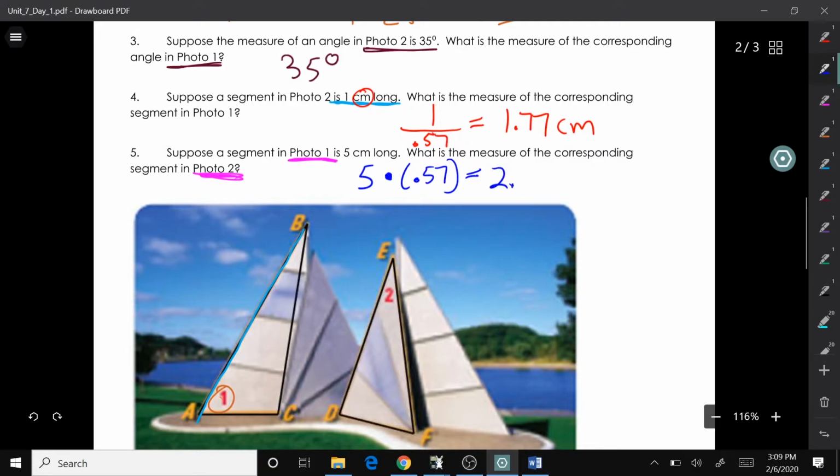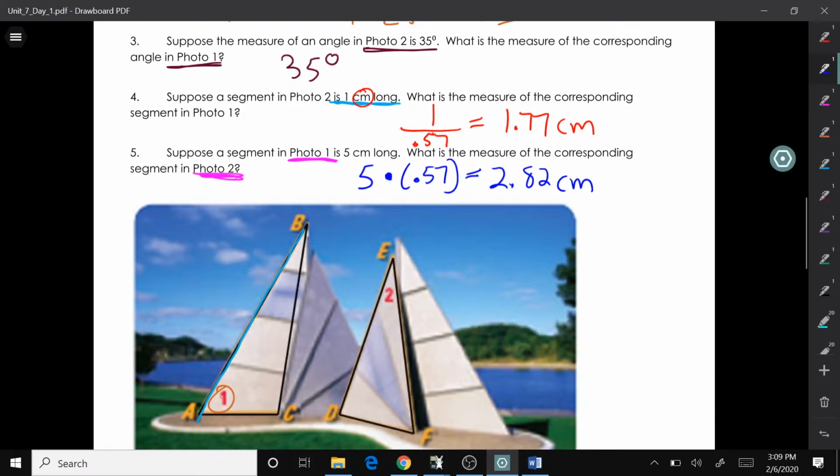We get 2.82 centimeters. I know that can kind of be confusing because in number 4, we were going from the small picture to the big picture, but we divided. And in number 5, we're going from the big picture to the smaller picture, and we multiplied.